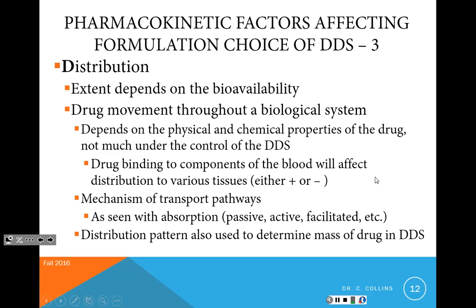Once it's in the body, to get out of the bloodstream into various and sundry organs, we can again encounter largely passive diffusion, but also some carrier-mediated transport processes. And the distribution pattern also determines the mass of drug necessary to put into the drug delivery system. If it goes everywhere, we may need to put more drug in. If it's a very lipid-soluble drug, we may need to put excess because of the adipose tissue in most patients. It might migrate into the adipose tissue, and that's not the active site.